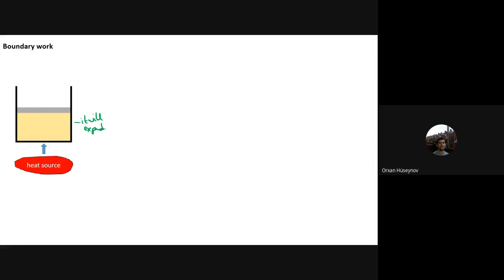As it expands, it does work on the environment. Let's say that after some time the piston reaches here, and it moves a distance of dx.